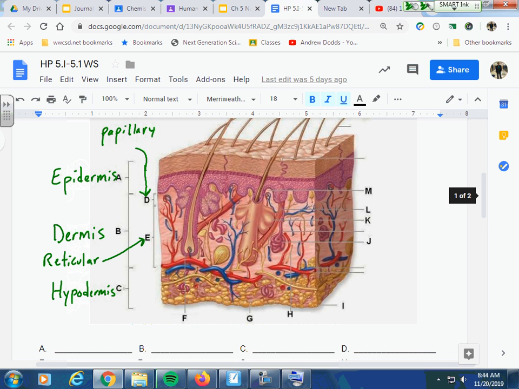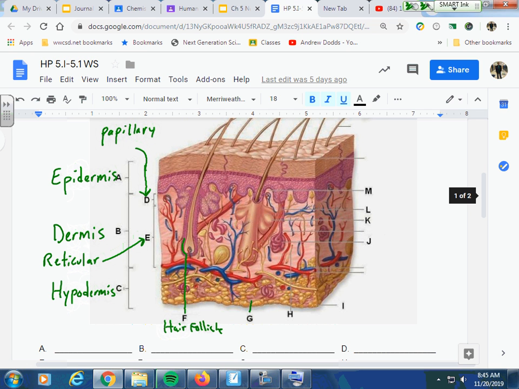F is supposed to be pointing at areolar tissue, loose connective tissue. And G is supposed to be pointing, oh, I'm sorry, my fault. F is, so on here it's kind of hard to see, but the line actually comes up all the way here to this thing, which is the hair follicle.